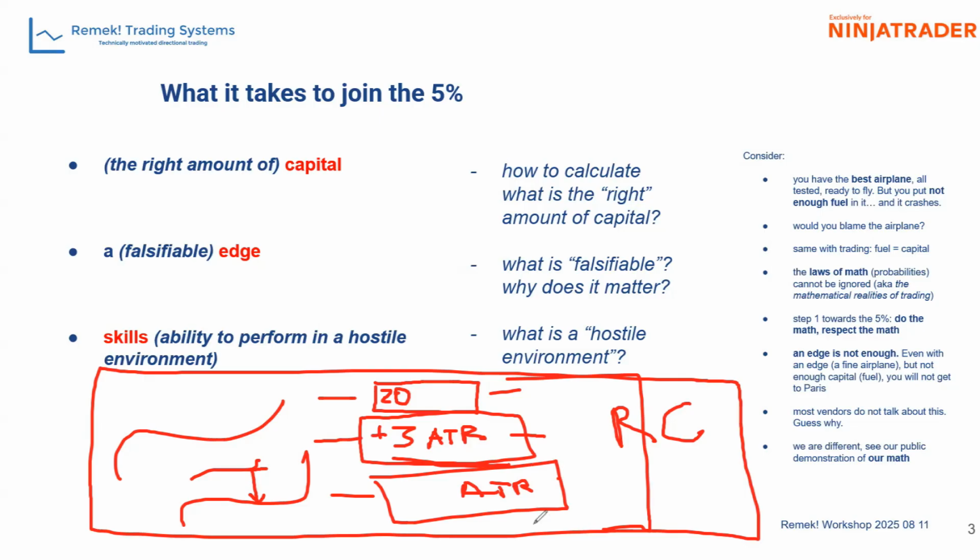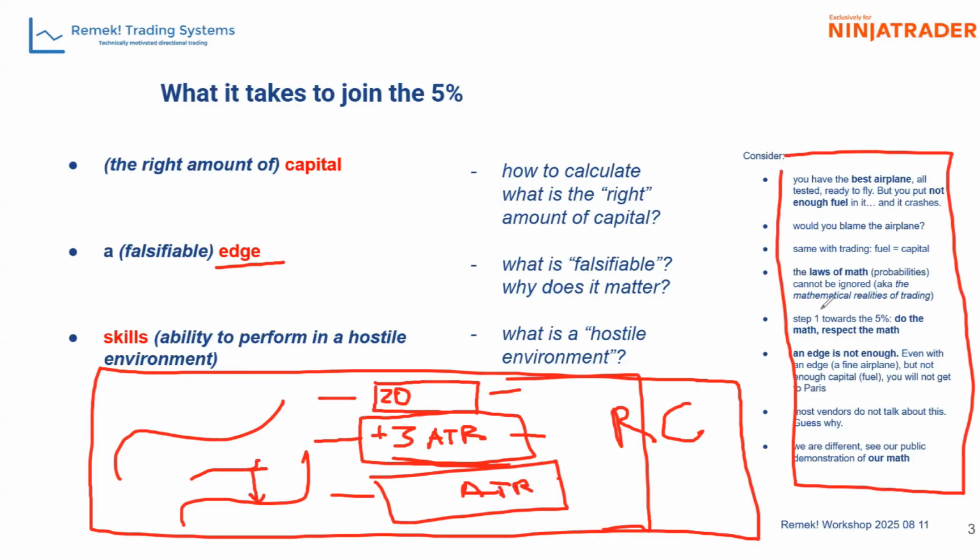What else is there? There's one more ingredient, which is what we call the longest expected losing streak. However good your edge is, however reliable your edge is, it's just a mathematical fact. Just think of flipping a coin, 50% probability heads or tails, everybody knows. And then you start flipping the coin.